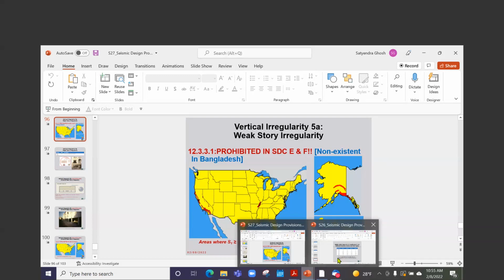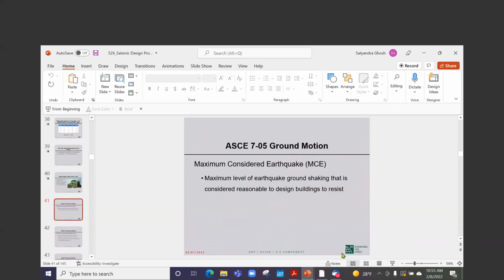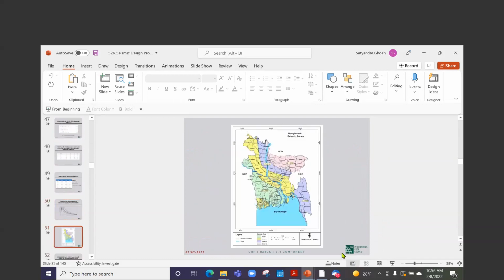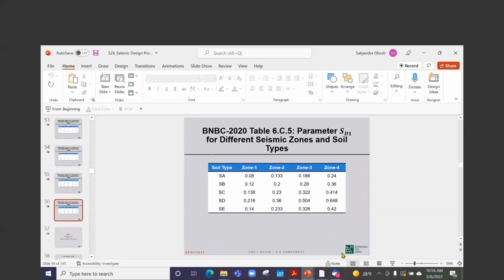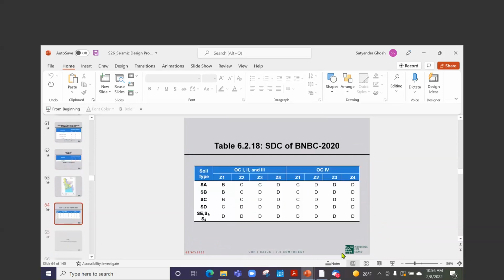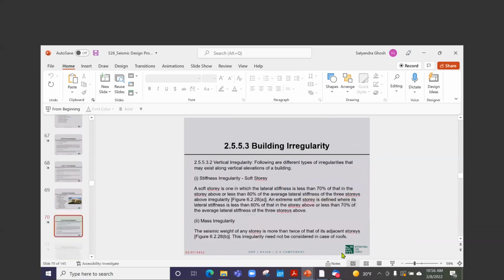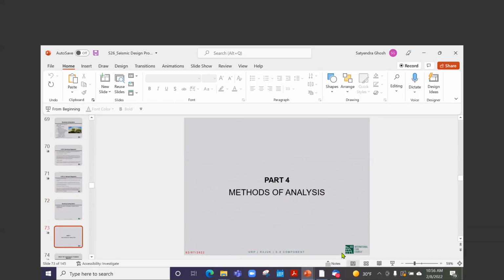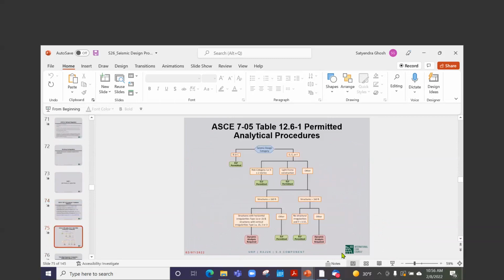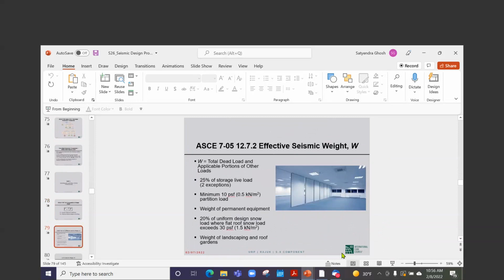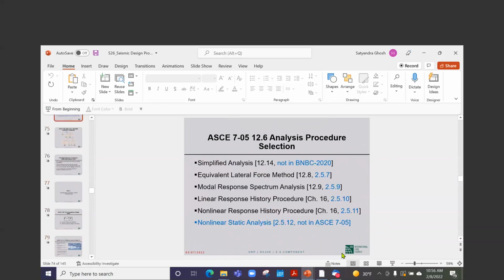Let me also check. I will check. Yeah, part of it is shown, a small part of it is shown in zone 2. If you're looking for the slide number, it is 51, Dr. Ghosh.